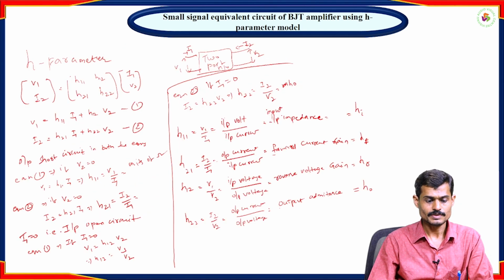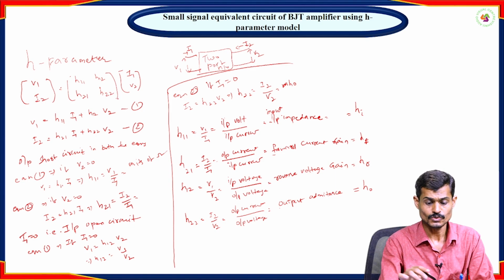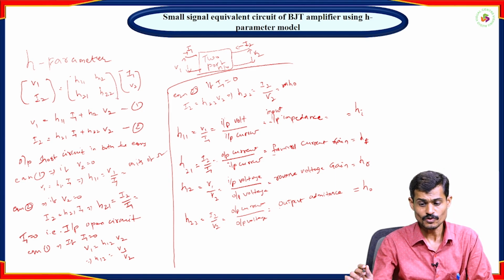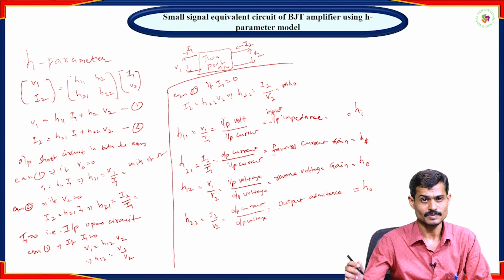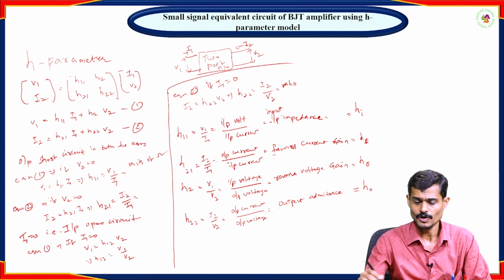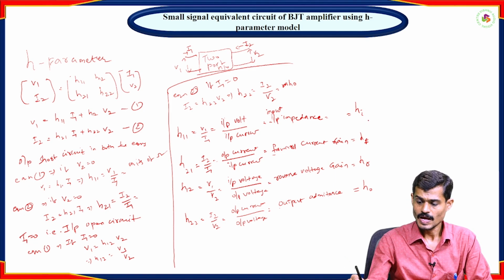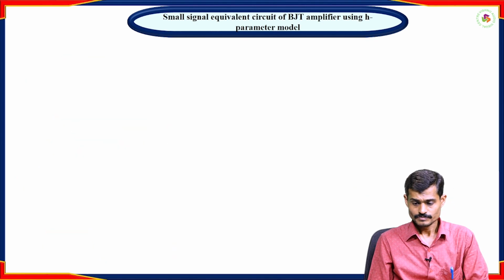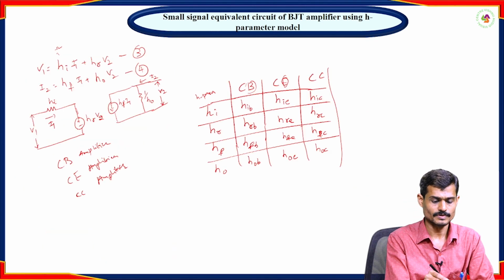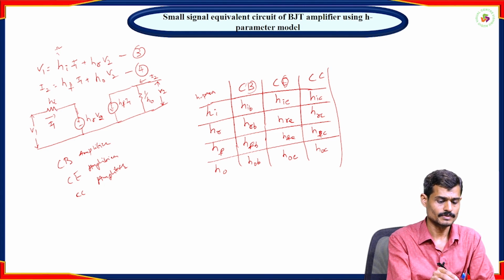So till now we have seen H parameters H11, H12, H21, H22. In our electronic circuit, we represent H11 as HI, H21 as HF, H12 as HR and H22 as HO. In that way, I have done the circuit using KVLs and KCLs.